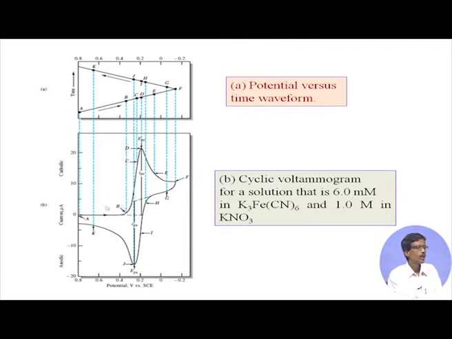The cell volume is also very small, because we require a very small concentration of this material, and the cell volume is only 10 ml. Sometimes it can go down to 5 ml, even 1 ml. So, a solution volume of 10 ml is fine, and you can find out the required amount to get this concentration of 6 millimolar.